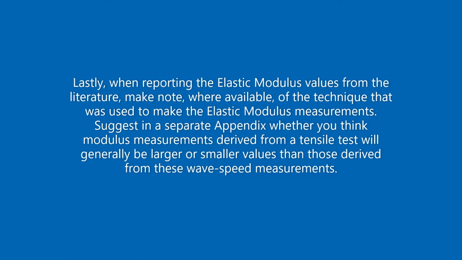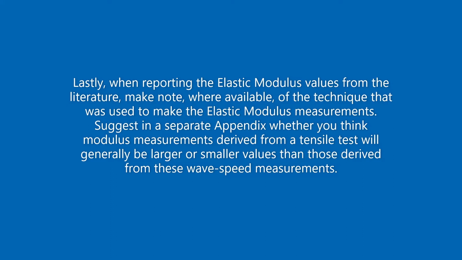Lastly, when reporting the elastic modulus values from the literature, make note where available of the technique that was used to make the elastic modulus measurements. In an appendix to your report, suggest whether you think the elastic modulus measurements derived from a tensile test would generally be larger or smaller values than those derived from these wave speed measurements.